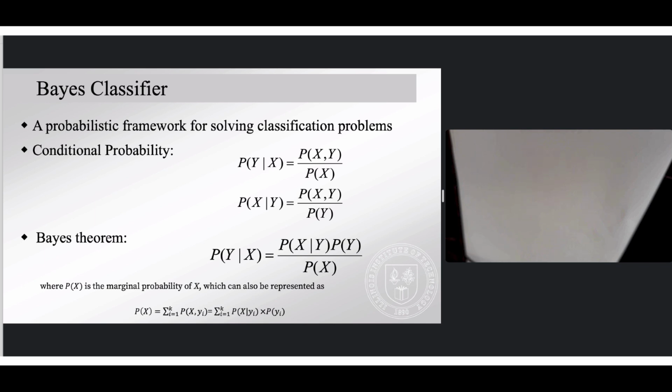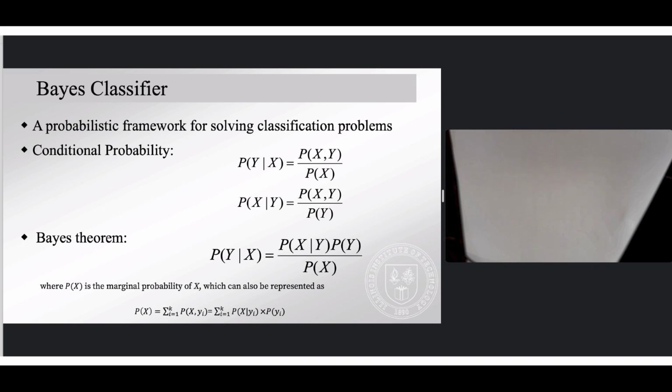So something new. It's based on Bayes theorem and also the conditional probability, which we covered last time, both of which are the fundamental concepts that help us build the model. We're going to see how we can do that.